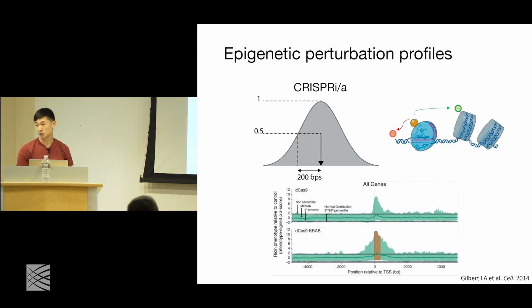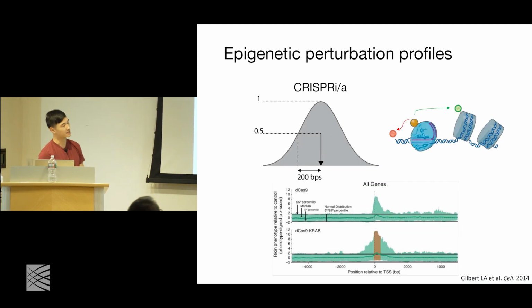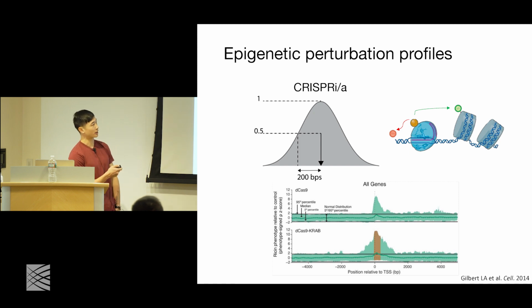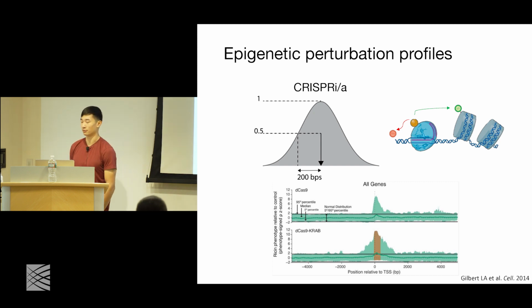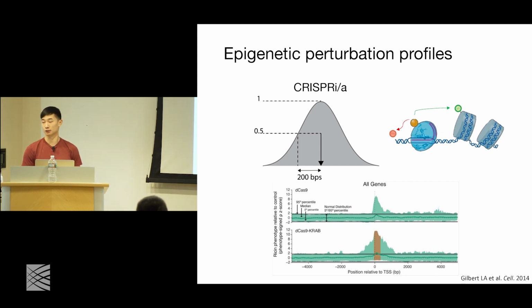Okay, so in terms of CRISPR interference and activation, it's a more difficult problem to understand what the perturbation profile looks like. From a qualitative point of view, we know that it is much broader. There are many studies that have looked at single guide perturbations from CRISPR interference and activation, and from this we build a general perturbation profile.